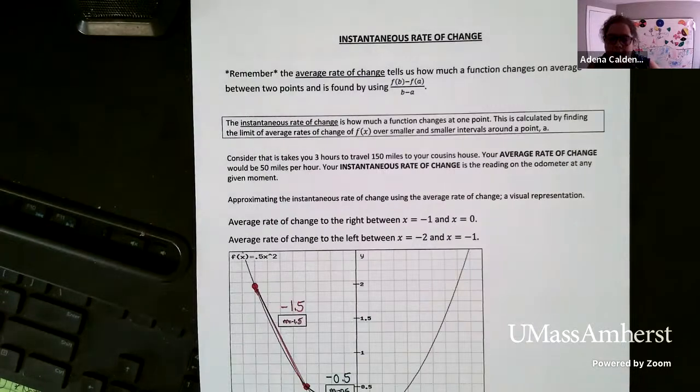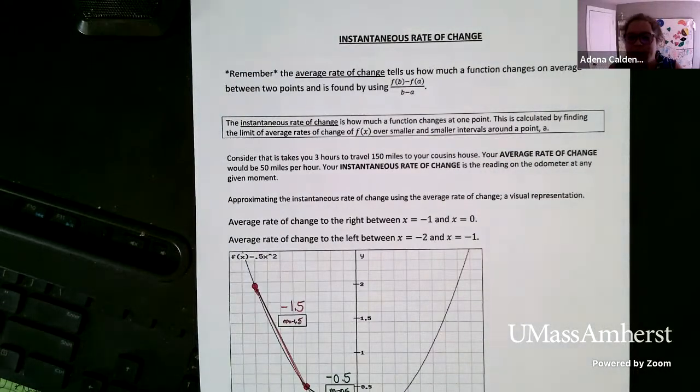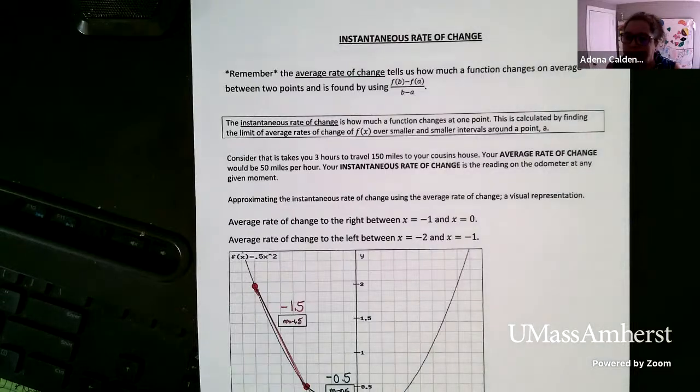Today, our goal is to develop an understanding of how we might get to what's called the instantaneous rate of change. The instantaneous rate of change is how much a function changes at 1 point. Instead of thinking about how it changes between 2 points, we're going to say, if we can figure out how much this function changes at 1 point, then we can find out for all the points, and we'll have a better way of talking about rates of change because it won't be approximated anymore.